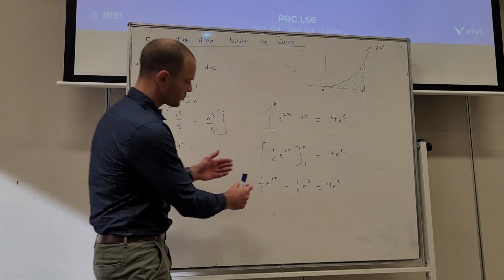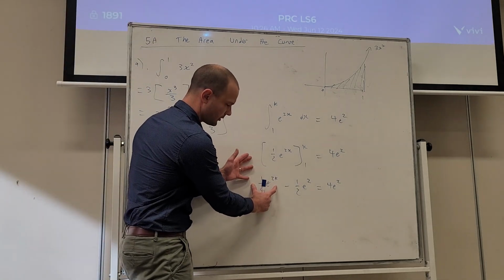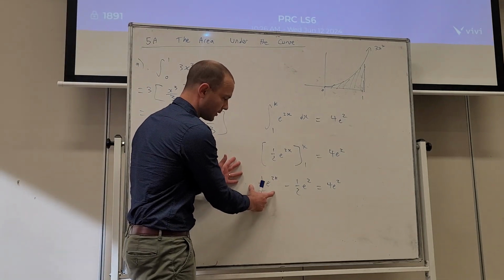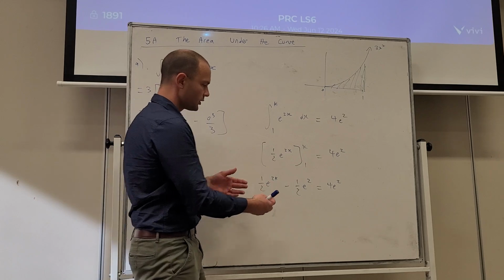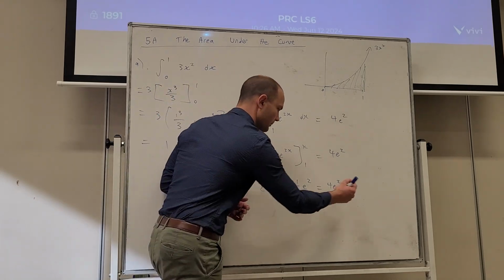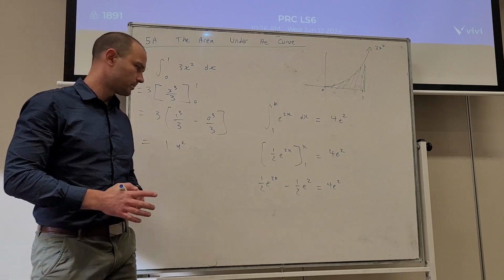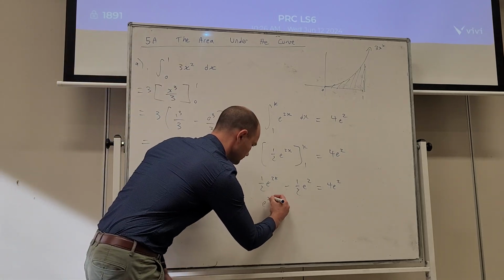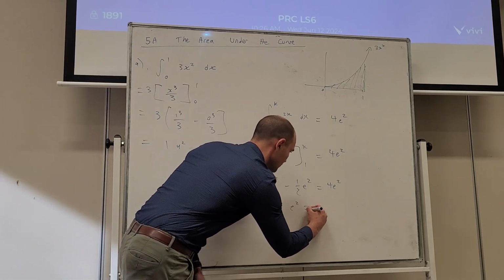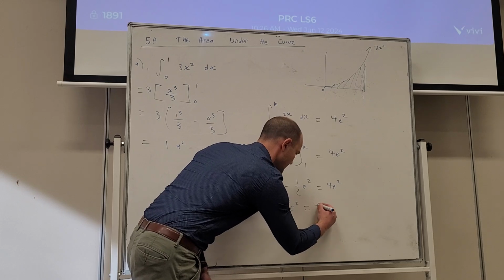So that means I'm trying to get first this component by itself, and then I can ln both sides. So what we want to do, we want to get rid of these fractions, we want to move that term across, etc. Let's get rid of the fraction immediately by multiplying both sides by 2. That's going to be 8e squared.